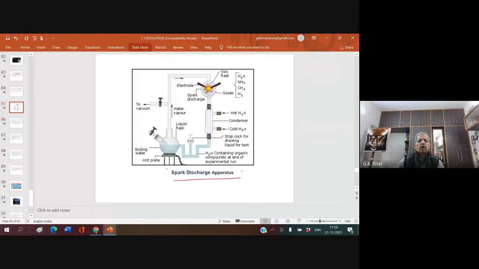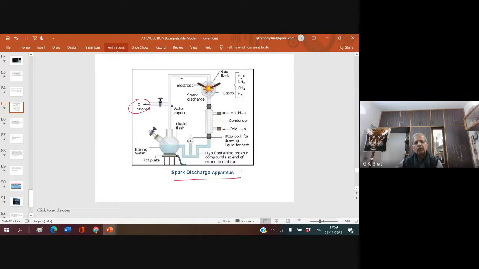This is what they did. First, they evacuated whatever was contained inside, using this vacuum pump, and the water in the flask was continuously boiled.